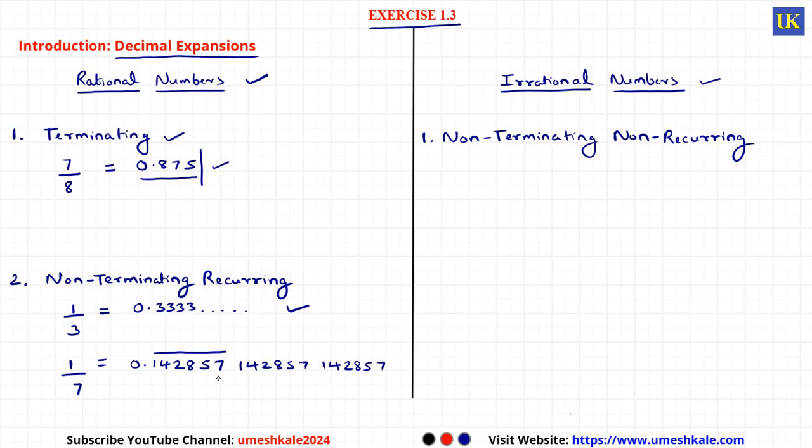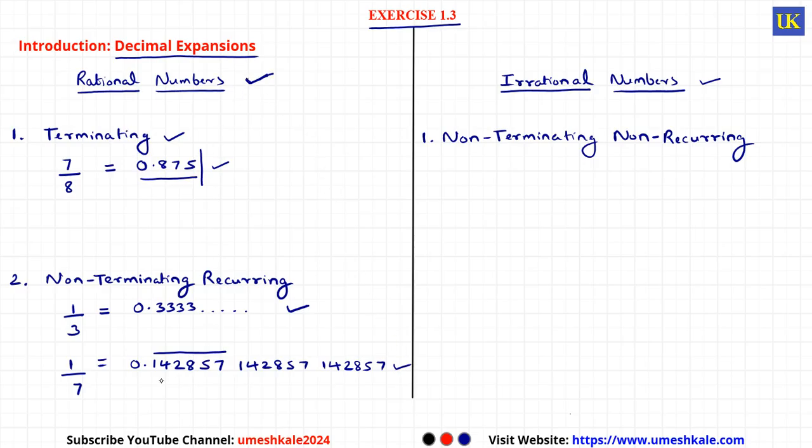If the numbers are repeating in a group, then instead of writing all these numbers again, in mathematics what we do is we write a bar on this group of numbers. This is also an example of non-terminating recurring. One single number is not recurring, but a group of numbers is recurring. Still, this is also an example of a rational number.